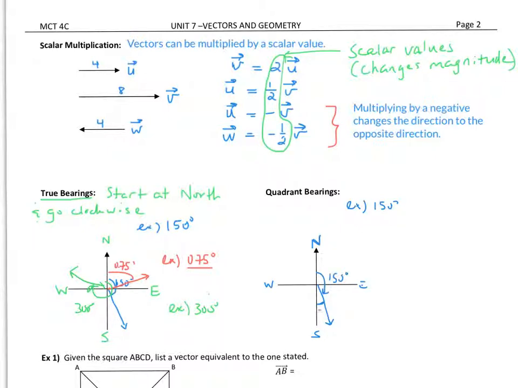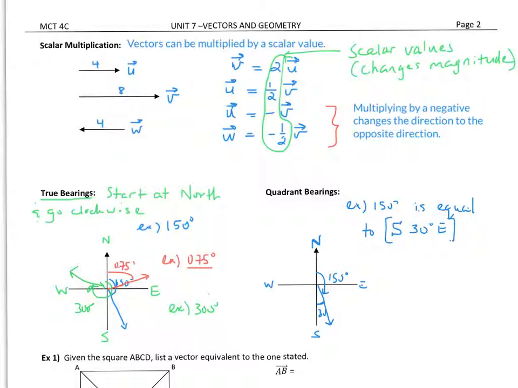If I look at this little 30 degrees in here, I could say that 150 degrees as a true bearing could also be written as going south, so S for south, but we're veering off 30 degrees towards the east. So that is another way to represent that, south 30 degrees east. Often they put that in square brackets, but it doesn't have to go in square brackets, and usually there's no space between south, the 30 degrees, and the east. It's all put together as one unit.